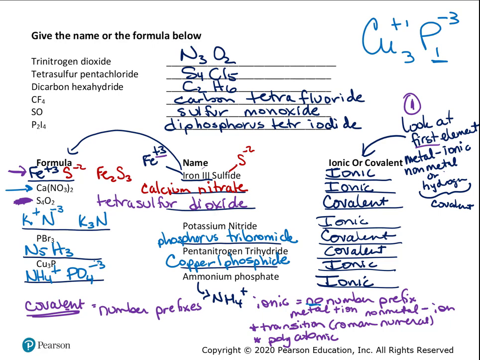You're going to swap them, but I'm not swapping the plus and minus, I'm just swapping the numbers. So the 3 of the phosphate tells me that I have 3 NH4s. Do you see that? The -3 on the phosphate, what's in the upper corner, that's the charge. That tells me how many of the ammoniums I have. And how many phosphates do I end up with? Only 1. So do I need parentheses? No.